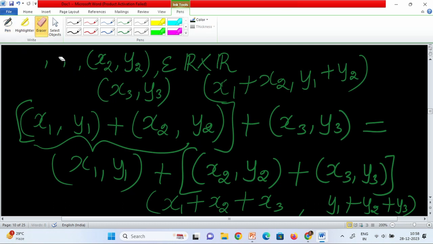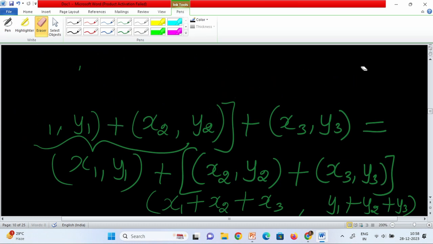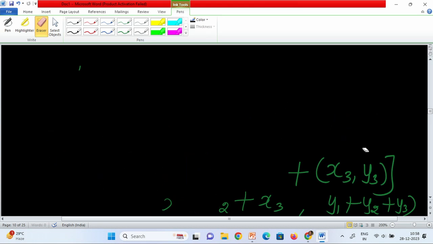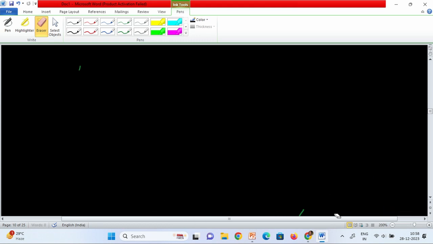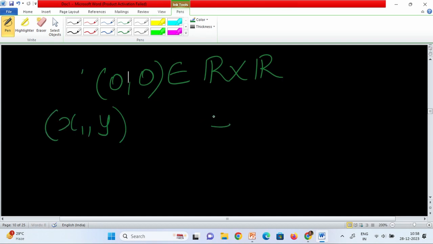Next we have to prove the identity property. The elements in R cross R are of the form of ordered pairs, so the identity element will obviously be 0, 0, which belongs to R cross R, since 0 is the identity element of R. For inverse, if you add any element in R cross R, you should get the identity element, which is the law for the inverse property.